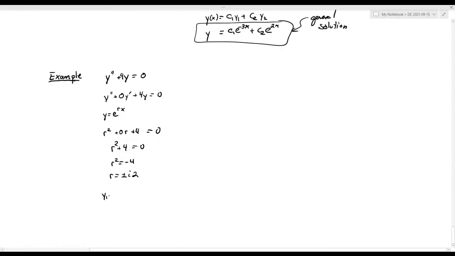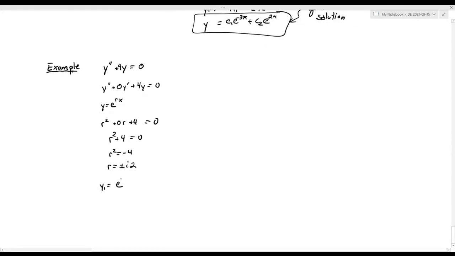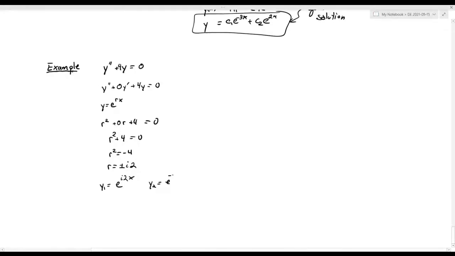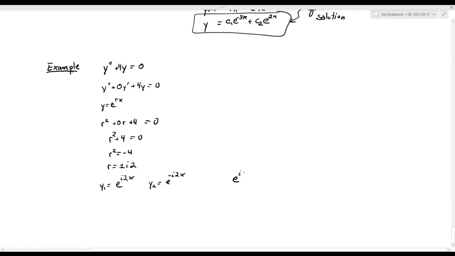So it's completely valid to say that the two independent solutions to this equation are y1 equals e to the r1 x, and y2 is e to the r2 x. That's valid, but you're going to learn that a lot of these differential equations have real valued solutions, and this disguises that fact because you have this i.